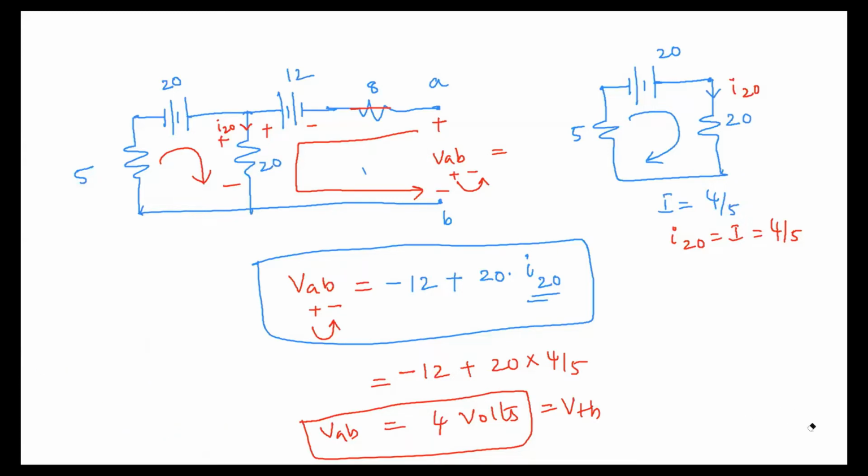Okay, so you got VTH. Now, if you got VTH, just try to find the maximum power. So P maximum is equal to VTH square divided by 4 into RTH. This is 4 square divided by 4 into RTH, which is equal to 8 or 12.